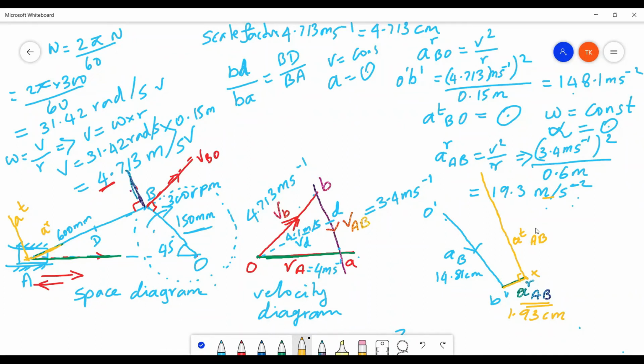Right? Now, from point O, we need to complete the diagram, right? This way it's moving. So from point O, we need to complete the diagram. The slider's acceleration vector is going to act only this way, right? So I will draw it in this way with a green color. So here also green color, here also green color, right? So I will mark this point as A dash, right? Since A is there, A is here, I will mark this as A dash.